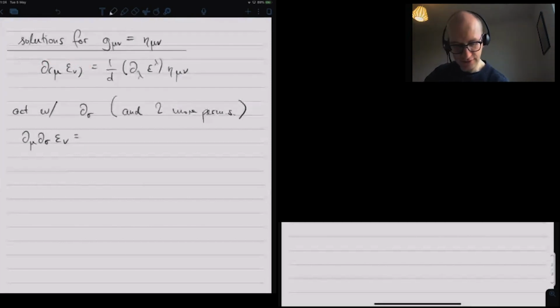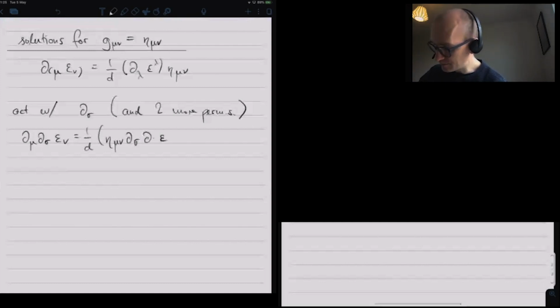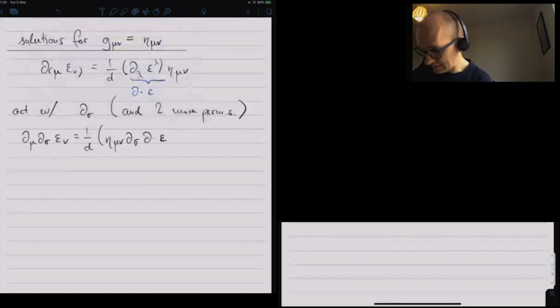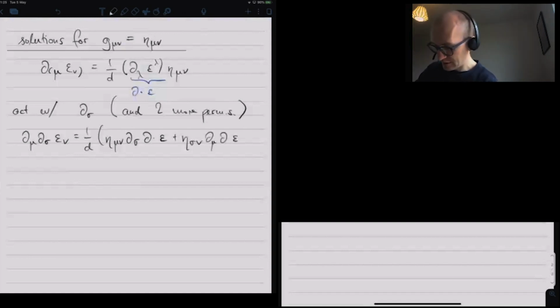The equation I get is that this is equal to 1/d times η_{μν} ∂_σ ∂·ε, where this covariant divergence I also sometimes denote ∂·ε, so it's ∂_λ ε^λ as I've written it there, plus η_{σν} ∂_μ ∂·ε minus η_{σμ} ∂_ν ∂·ε.